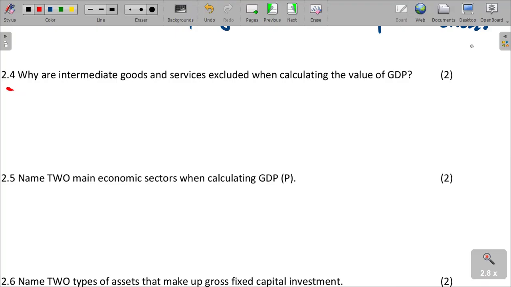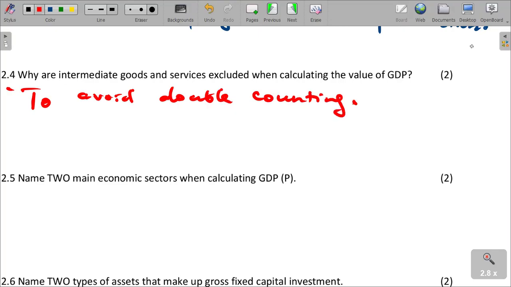So in order to avoid double counting, we exclude intermediate goods and services. We do that in order to avoid double counting.